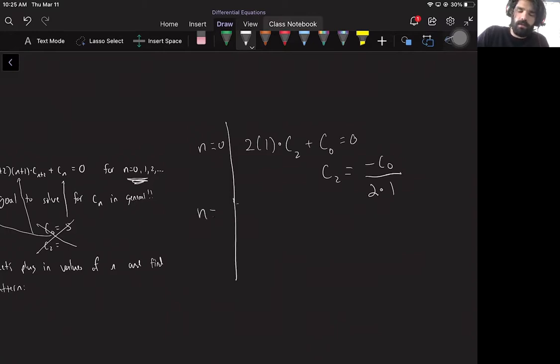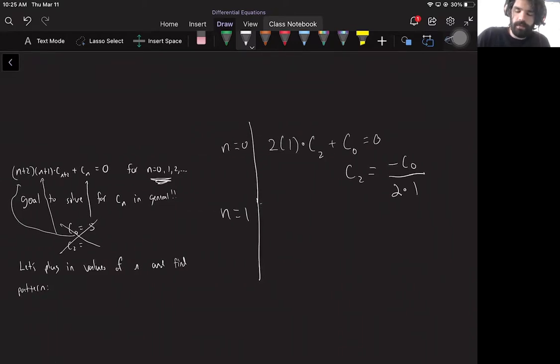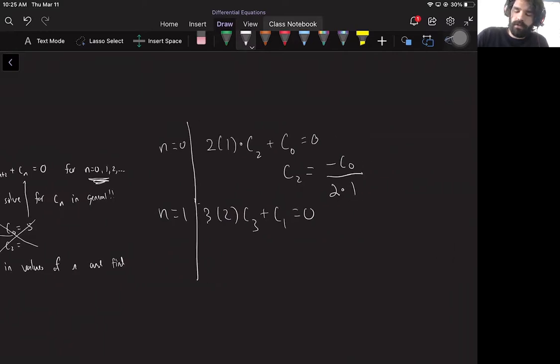Okay, now I'll plug in 1. The same equation gets me 3 times 2 times C3 plus C1 equals 0. Same game, I'm going to solve for C3 in terms of C1.